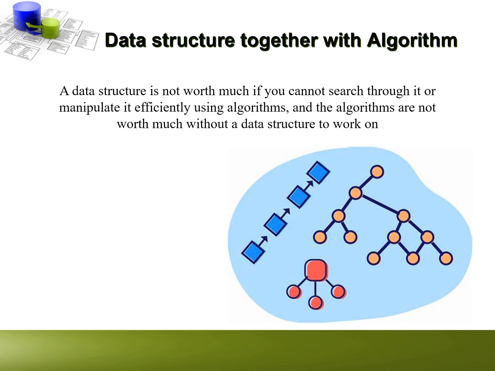Can you understand? A data structure is not worth much if you cannot search through it or manipulate it efficiently using algorithms. And algorithms are not worth much without a data structure to work on. Now we can understand the importance of data structures together with algorithms.